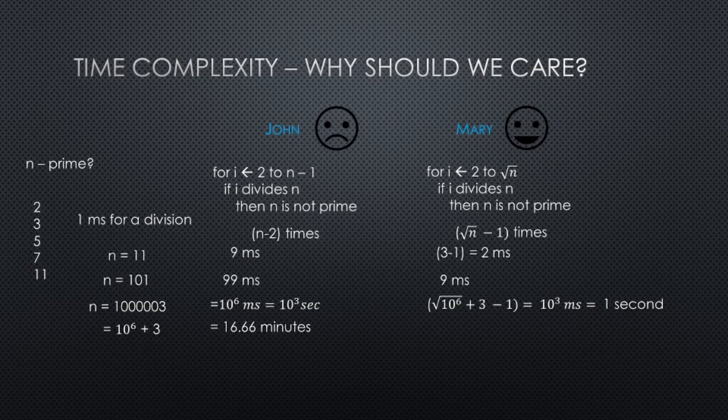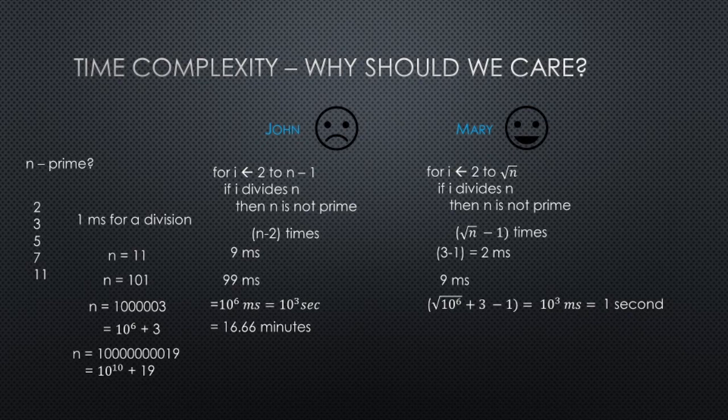Now let's pick a really high value this time, an 11-digit prime number. The number is equal to 10 to the power 10 plus 19, and this is a prime number as well. John's loop will run exactly n minus 2 times.